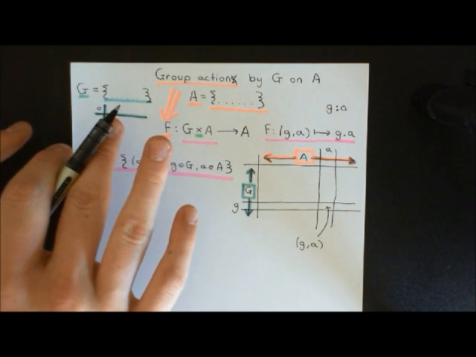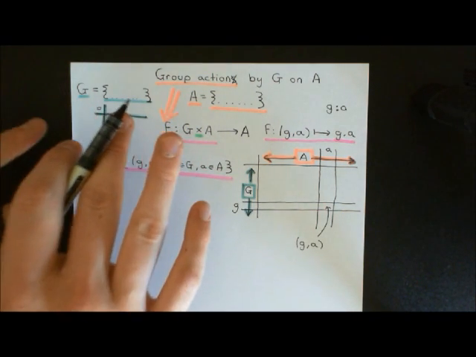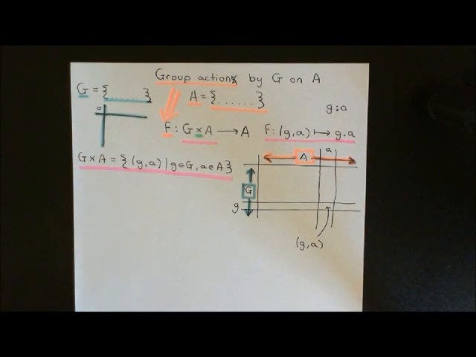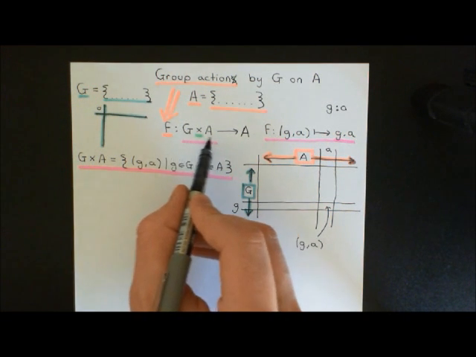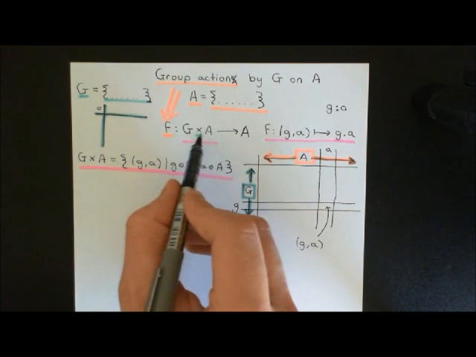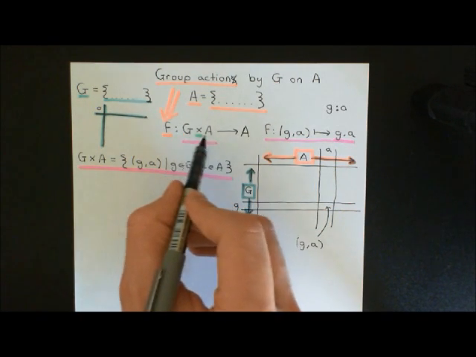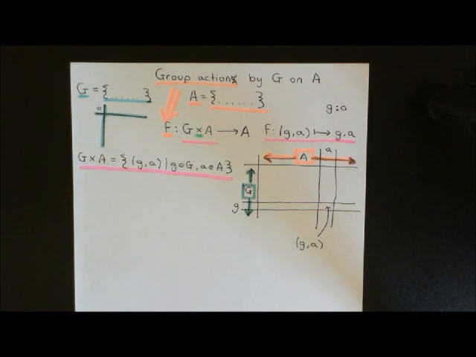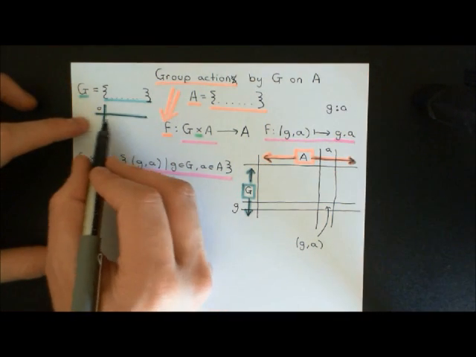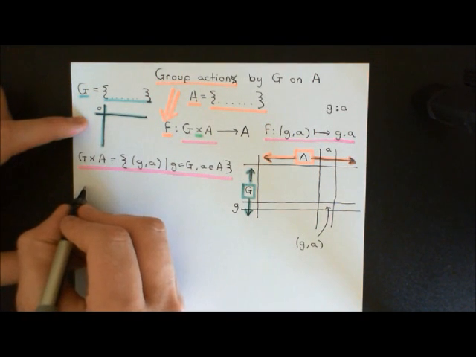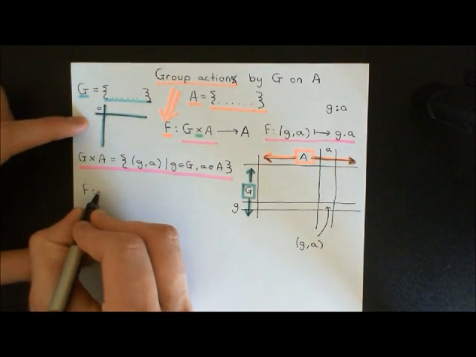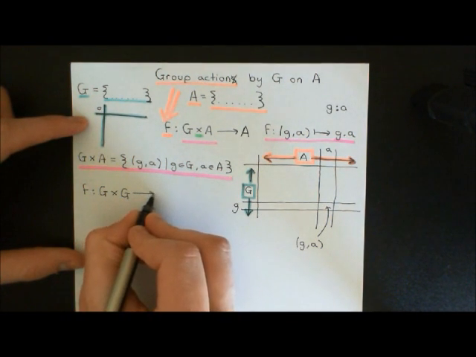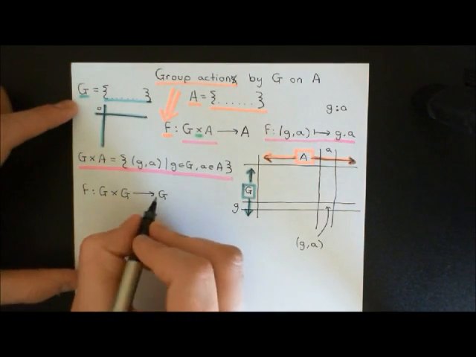But the formal definition of a composition table is that it is a mapping from the Cartesian product of the two sets that you want to compose elements within to whatever set you want the answers to be in. So the formal way that you would define a composition table on a group is as a function from the Cartesian product of the group with itself to the group. And I want you to understand why that is.